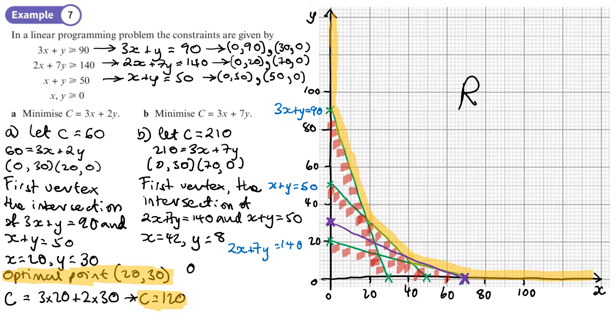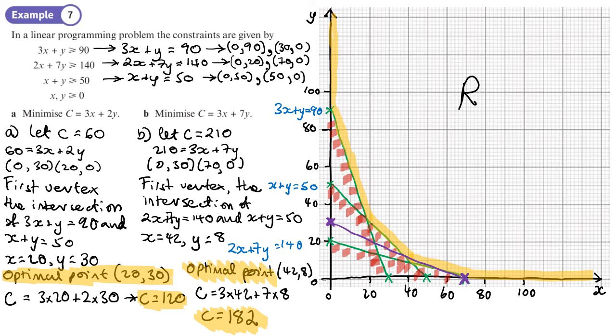So my optimal point is just going to be that coordinate 42, 8, and then my minimized cost is going to be 3 times x, 3 times 42, plus 7 times y, 7 times 8, so that will give us 182. Okay, so just highlight those, our minimized cost and our optimal point, then move on to the next example.